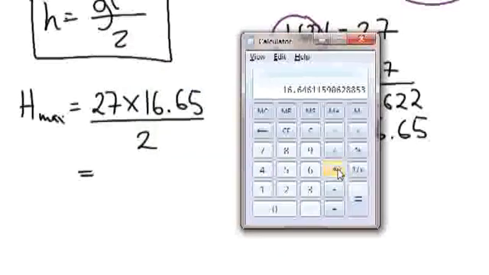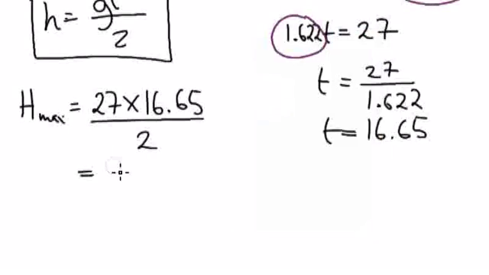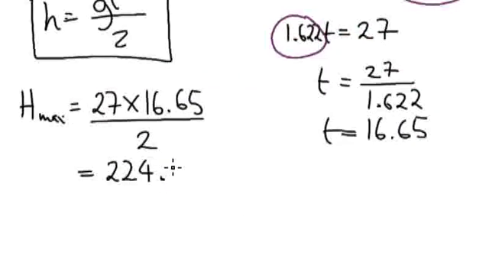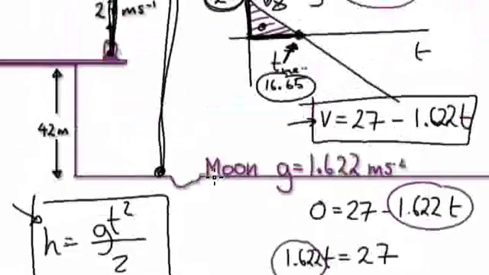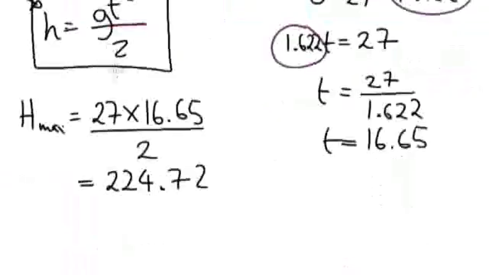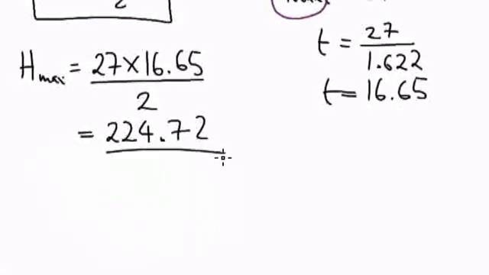So let's get this times 27 equals this, and then divided by 2 equals this. So the maximum height would be 224.72. What we're saying is that this height here is given by this number here.